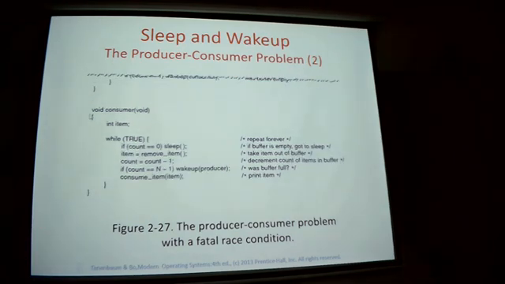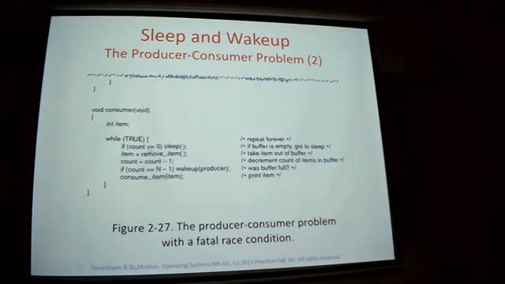So let's focus on the program for the consumer. This one. Now the condition: count is equal to 0. This means that there is no item in the buffer, the buffer is empty.